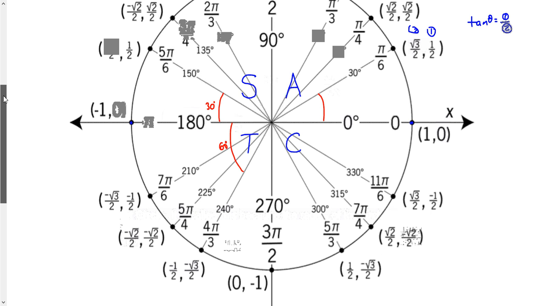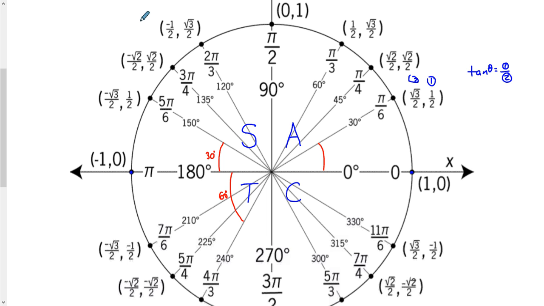Now, I did say that I would come back to these radian measures. You do not have to completely convert every single one of our degrees into radians by hand if you know your fractions.